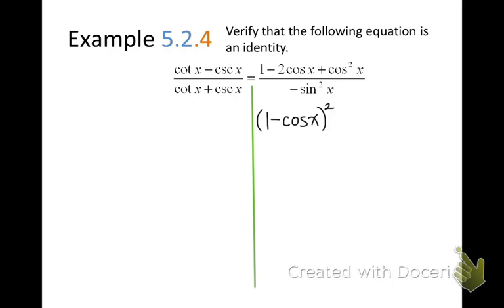Okay? That still is over the negative sine squared of x. Is this the Pythagorean identity? No, it is not. That squared would have to be only on the cosine, right?